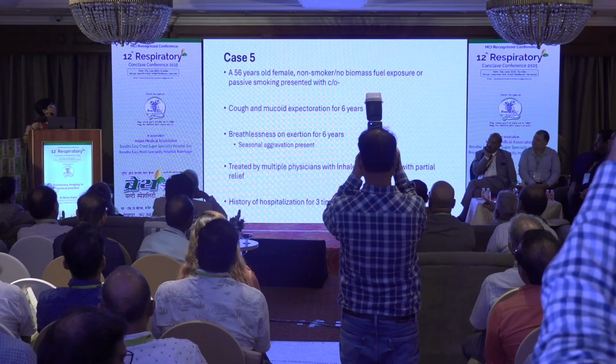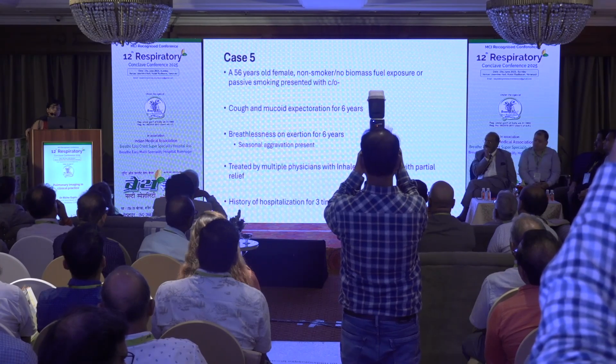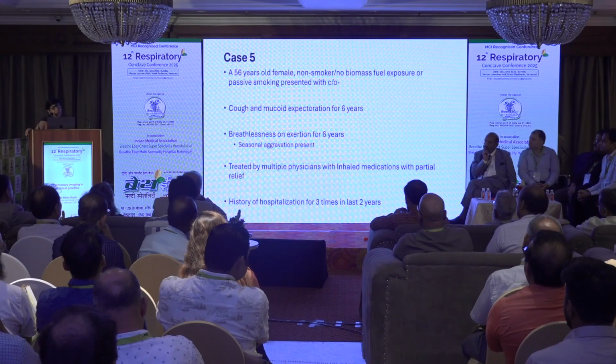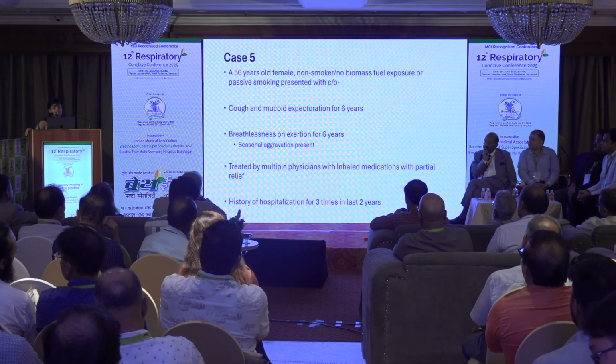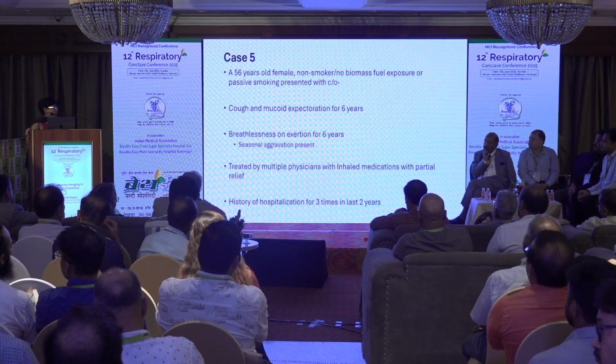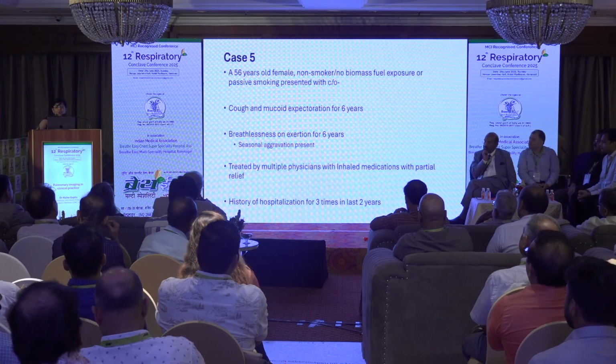A 56-year-old female, non-smoker, no history of biomass fuel exposure or passive smoking, had history of cough and mucoid expectoration for 6 years. Breathlessness also on exertion for 6 years, which used to aggravate seasonally sometimes, has been treated by multiple physicians with inhaled medication with partial relief only, and there is history of hospitalization 3 times in the last 2 years.